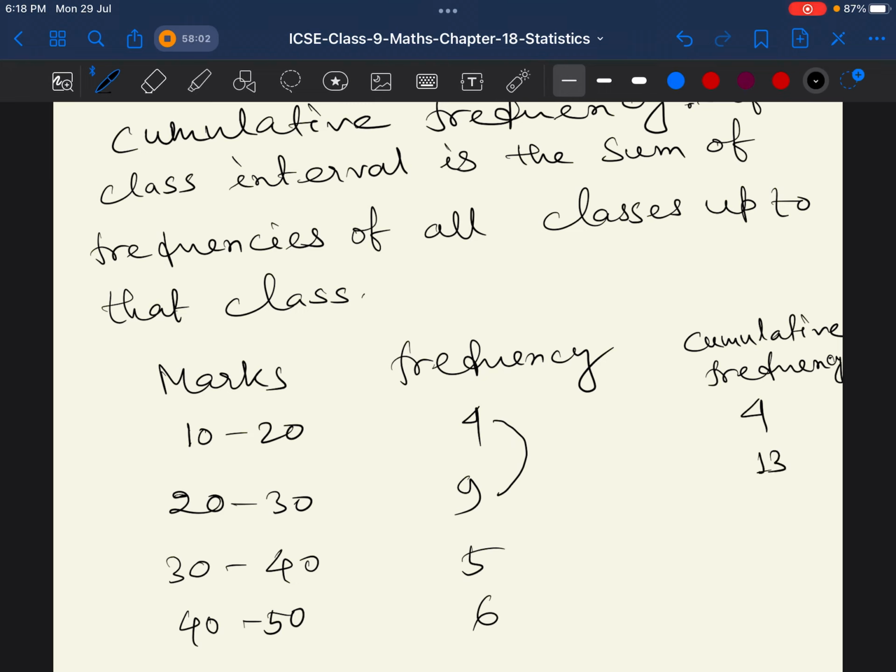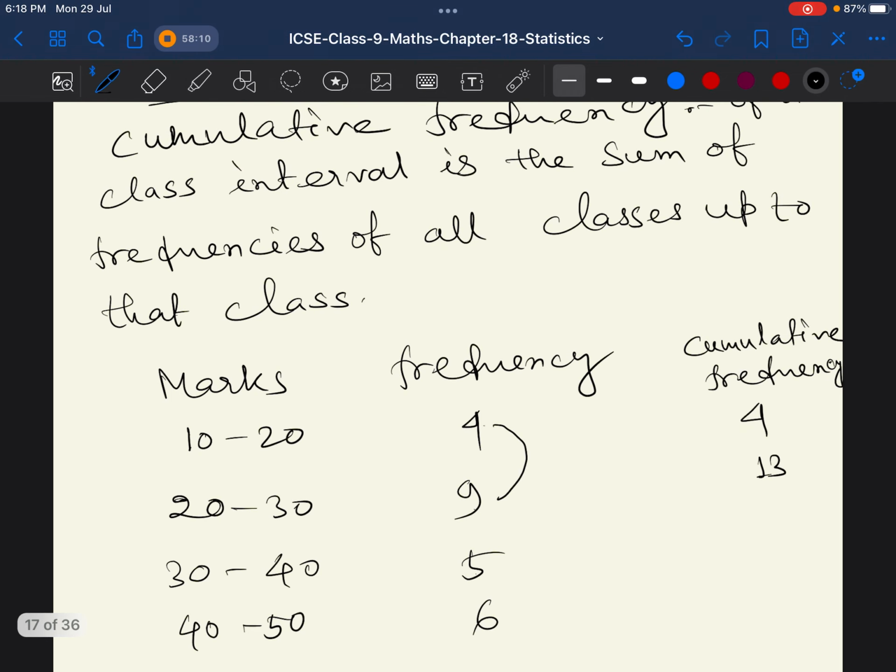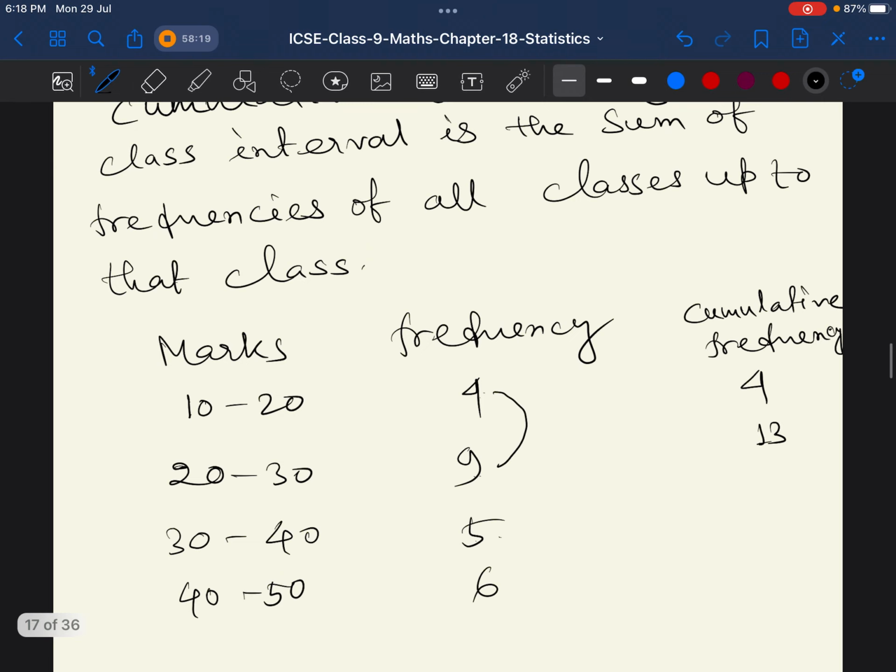Then we add 4, 9 and 5, all the values up to that class, that means 13 plus 5, so this will be 18.